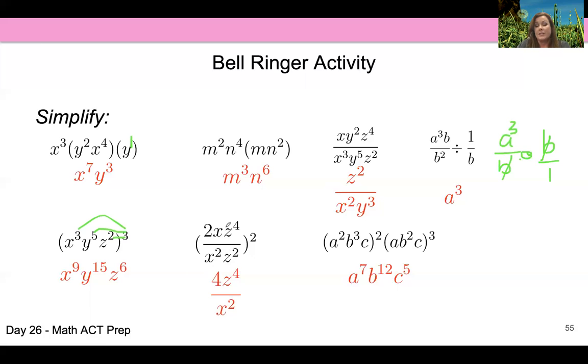I prefer to simplify inside the parentheses first, then square it. And here the best thing to do is to distribute the exponent first, and then, because that's multiplying your exponents, you're going to be adding the exponents.